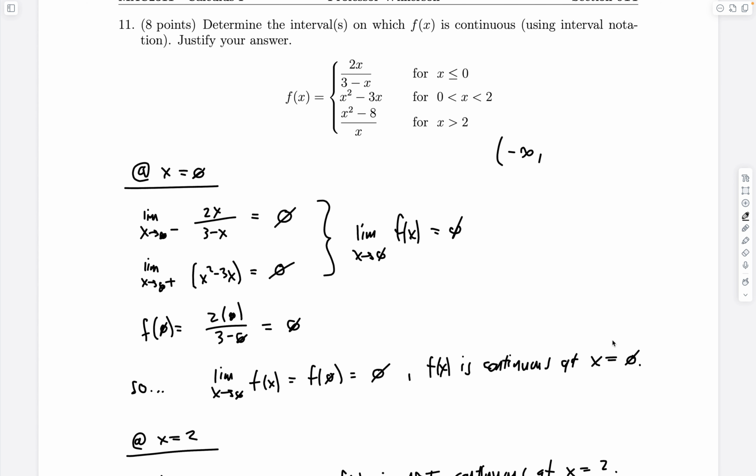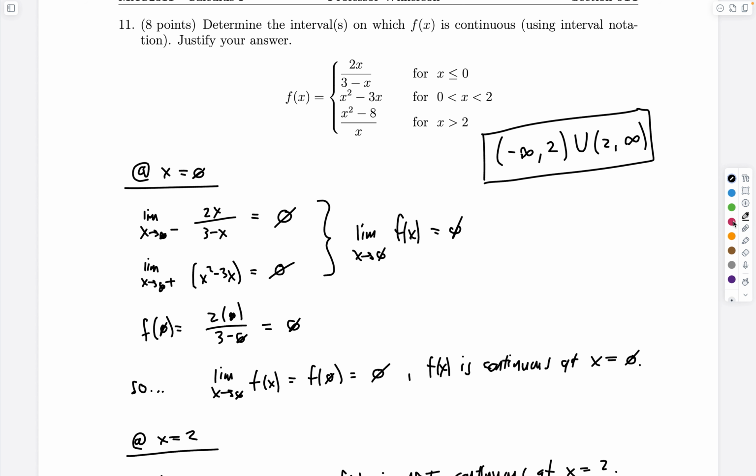So everything other than 2 is what I need to do, right? So your interval, if you need to do everything other than 2, you would go negative infinity up to 2. And then I would do in union with 2 to infinity. Basically, I'm jumping over the 2, right? I'm saying, hey, I don't want to include that. I'm going to jump over it and I'm going to keep going. So this would be the interval that you're continuous on.